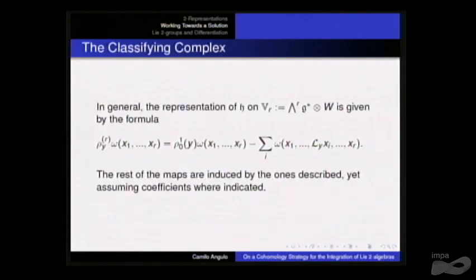And this is a general formula for that action. And if you have read the work of Hochschild and Serre on the spectral sequence, which is named after them, then you might be familiar with this object. This is the same representation that they use in that work all the time.